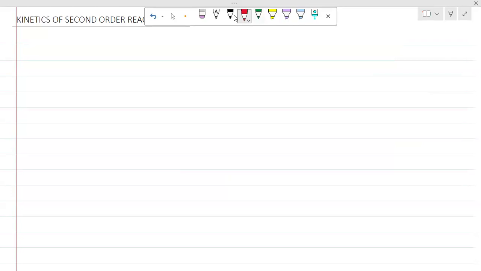Very easy. Let's say that you have A which becomes P. Initially, you will have only the reactant whose concentration is A naught. There won't be any product formed.